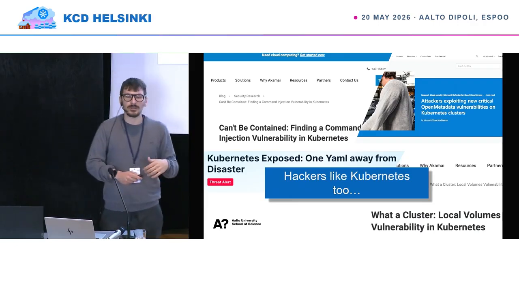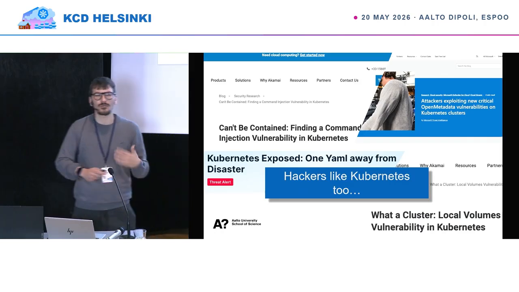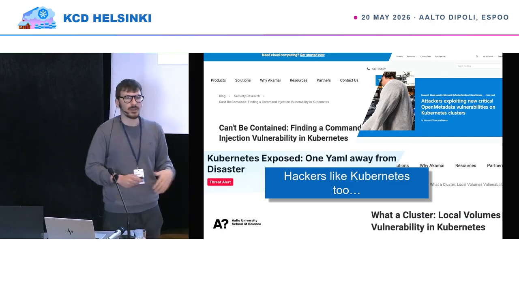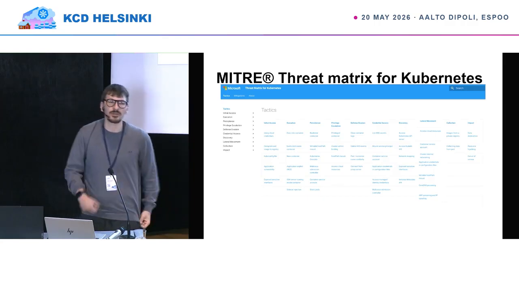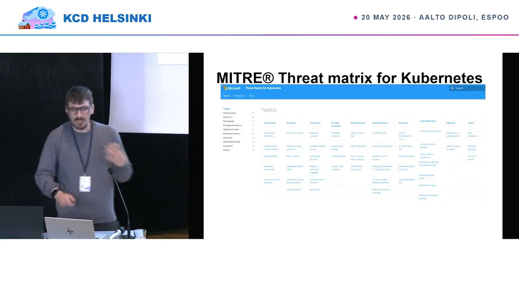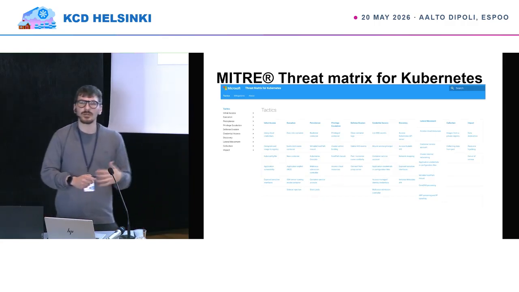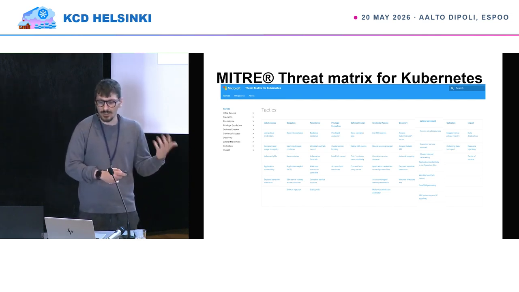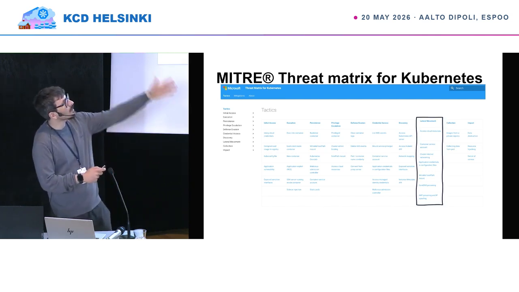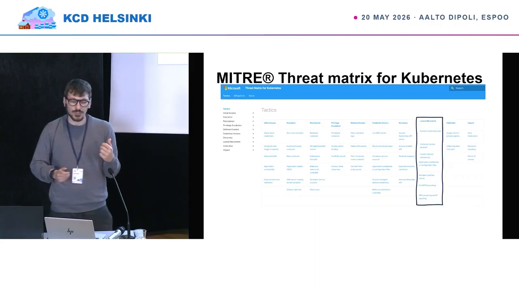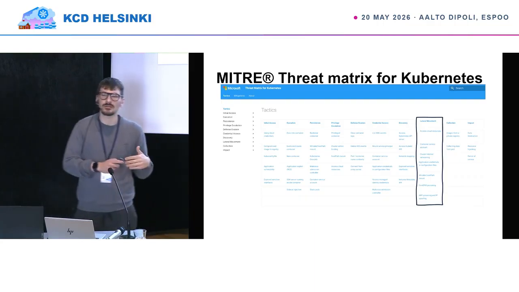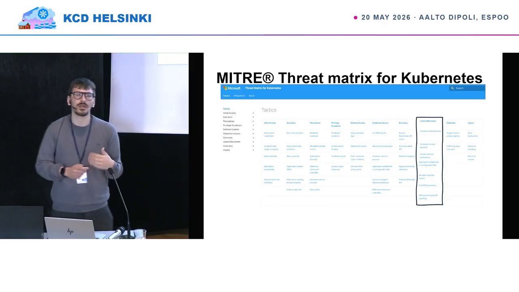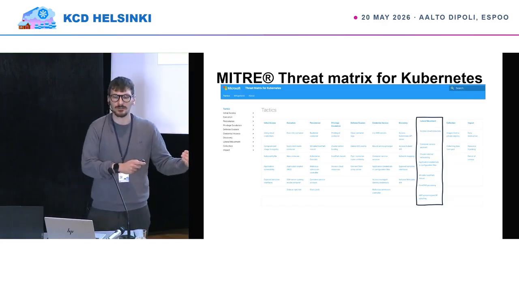We started looking at the attack surface of Kubernetes. To do that, we refer to the MITRE threat matrix, specifically designed for Kubernetes. And within that threat matrix, we started focusing on the networking side. So we looked at the lateral movement column, which basically tells us all the different actions that an attacker can perform in our cluster once they have a foothold in the system.